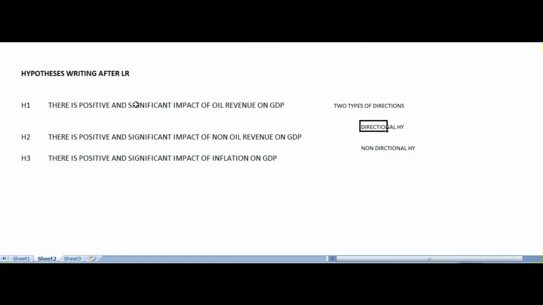Now we will see whether these hypotheses are accepted or rejected. We assumed there is a positive and significant impact of oil revenue on GDP. So here the prob value and coefficient will let us know whether there is a positive and significant impact of oil revenue on GDP or not.